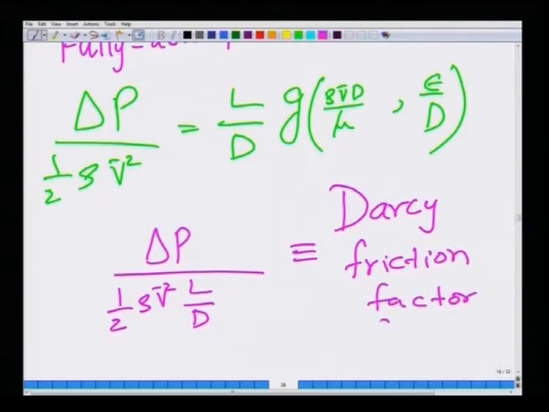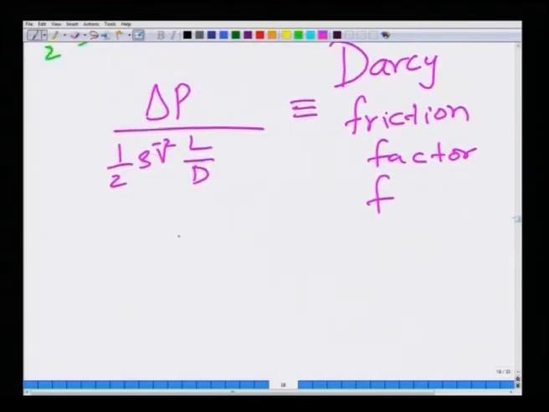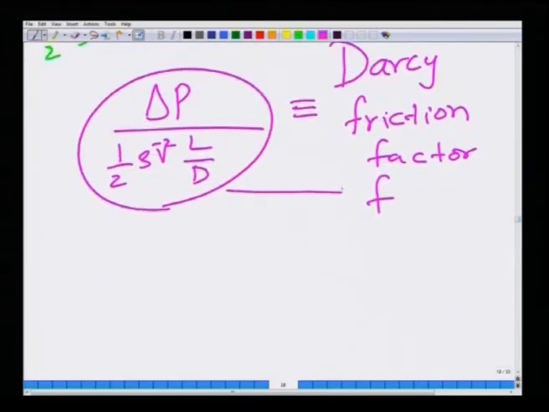It is denoted by the letter F. Just as the drag coefficient was a non-dimensional drag force, the Darcy friction factor is essentially a non-dimensional pressure drop in a fully developed section of the pipe. So, this is denoted by the letter F.